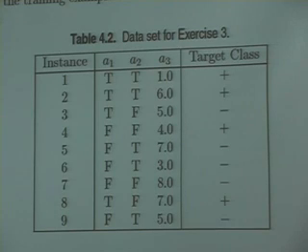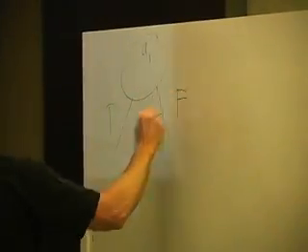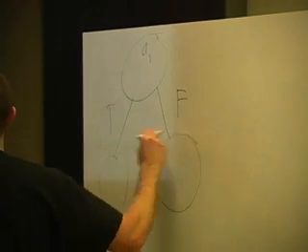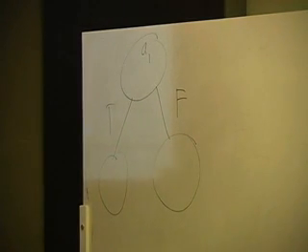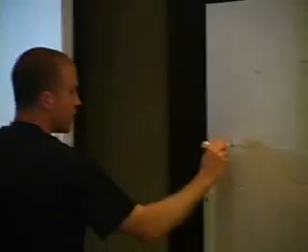So let me just do A1. Suppose you split on A1, either true or false. If I split on A1 true or false, well, let's see. A1 true, I have 1, 2, 3 positives. Tell me if I count these wrong.